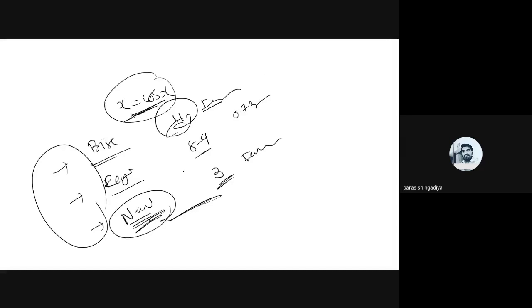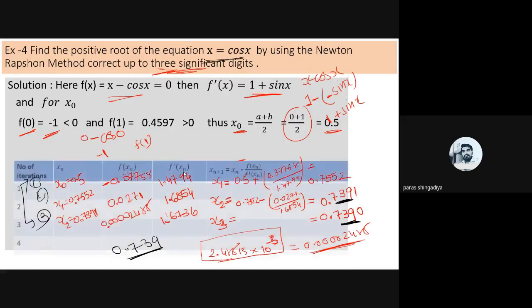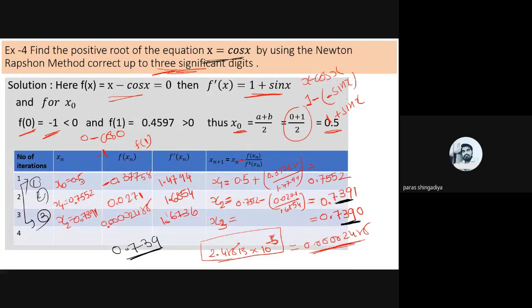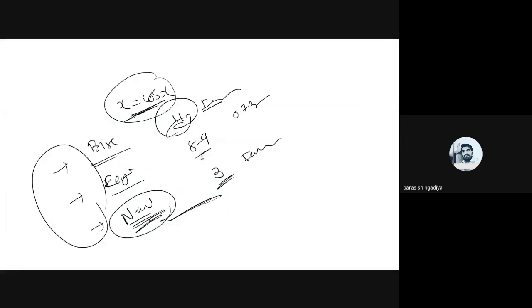But in the Newton-Raphson method, as we already checked, it requires only 3 iterations, and you will get your answer. So it's the more effective method. Is it clear to all, all the 3 methods? Is there any doubt in any case?